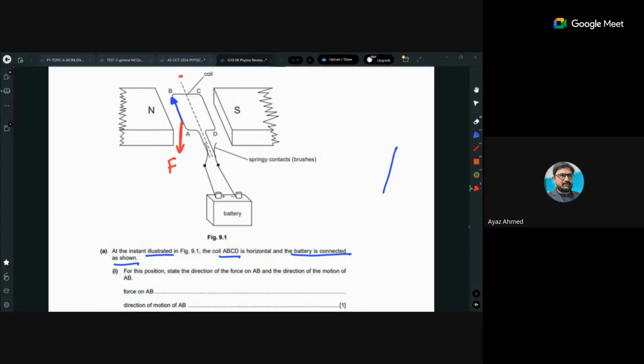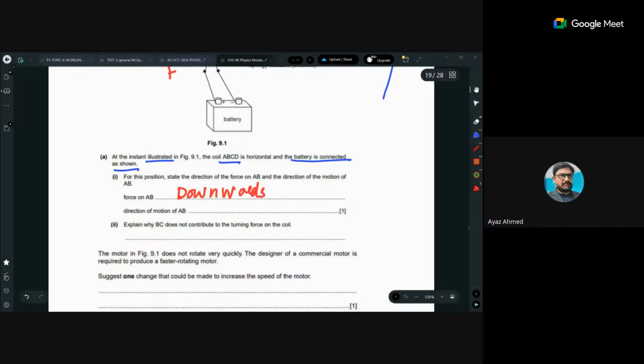And when the force is downward, it will be rotating anti-clockwise. Right? Yes. And the rotation is anti-clockwise. So the direction of motion is also downward.